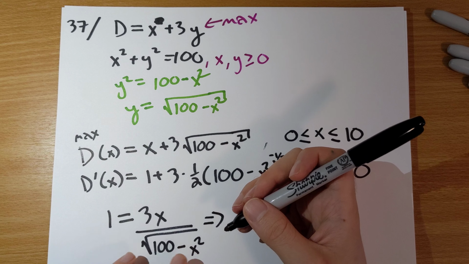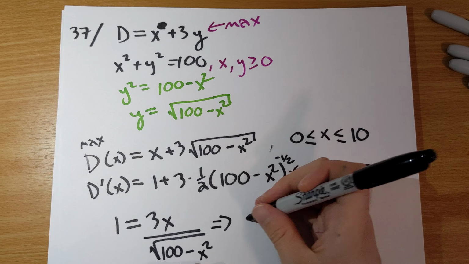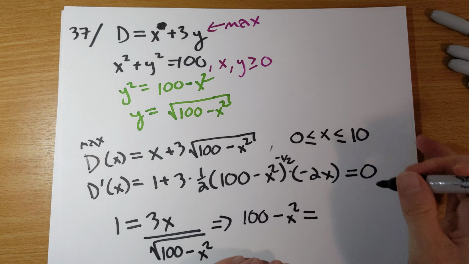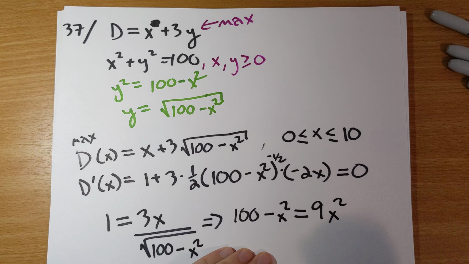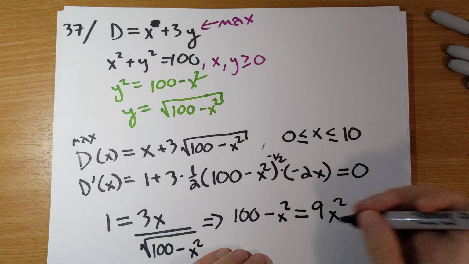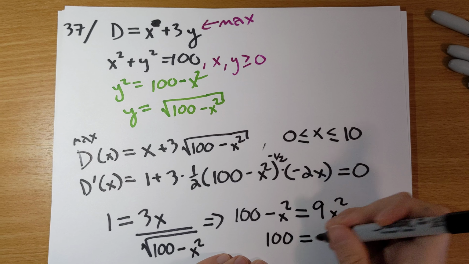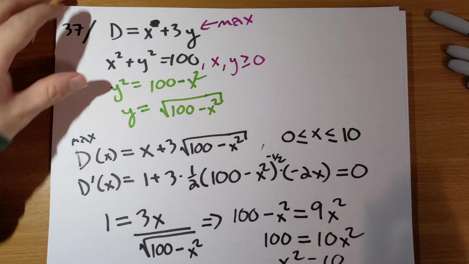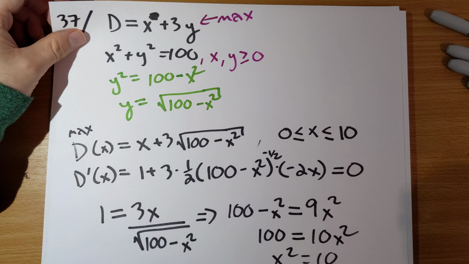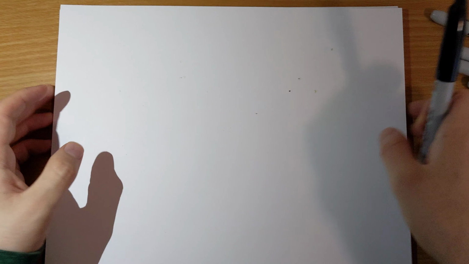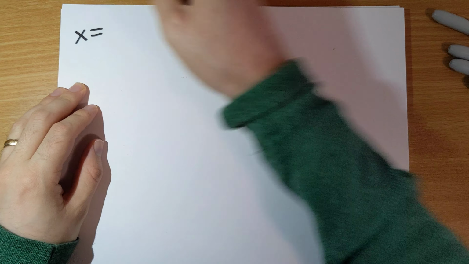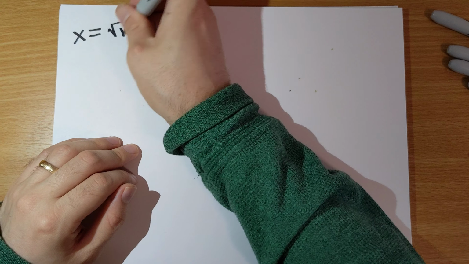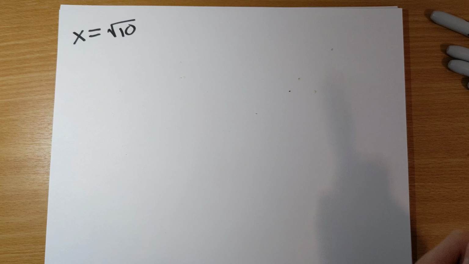If we cross multiply and square both sides, we'll have 100 minus x squared is equal to 9x squared. Adding x squared to both sides, 100 is equal to 10x squared. X squared is equal to 10. And so this is going to have two solutions at x equal to plus or minus the square root of 10. But because x has to be between 0 and 10, we only care about x is equal to the square root of 10.